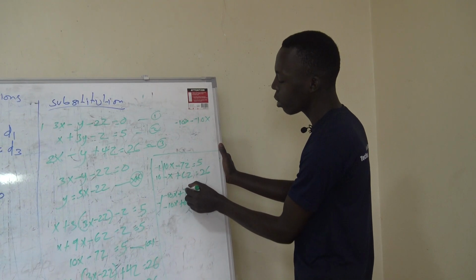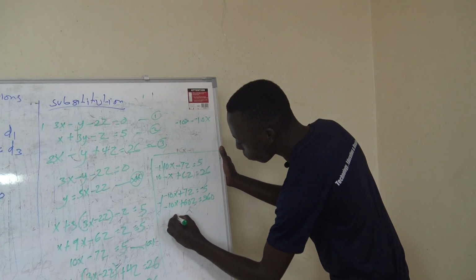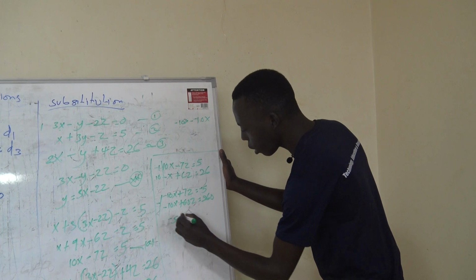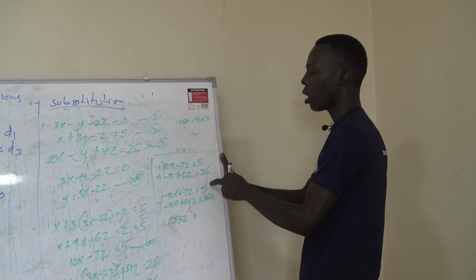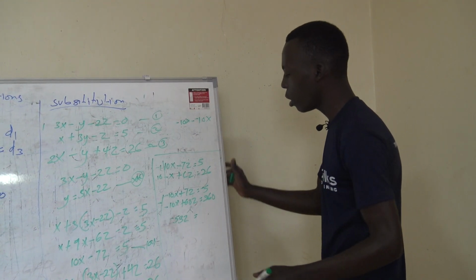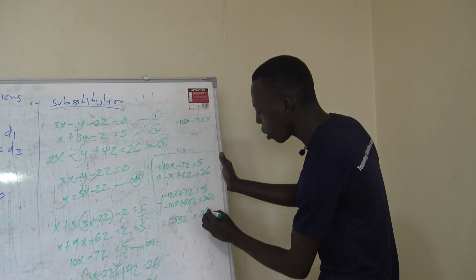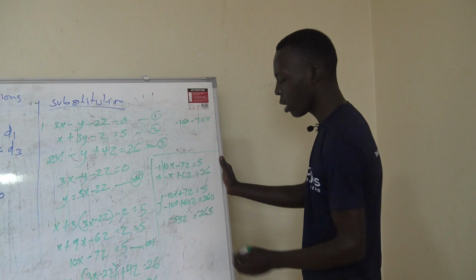Now we say 7z minus 60z will give us -53z, then equals -5 minus 260, which by subtracting is -265.